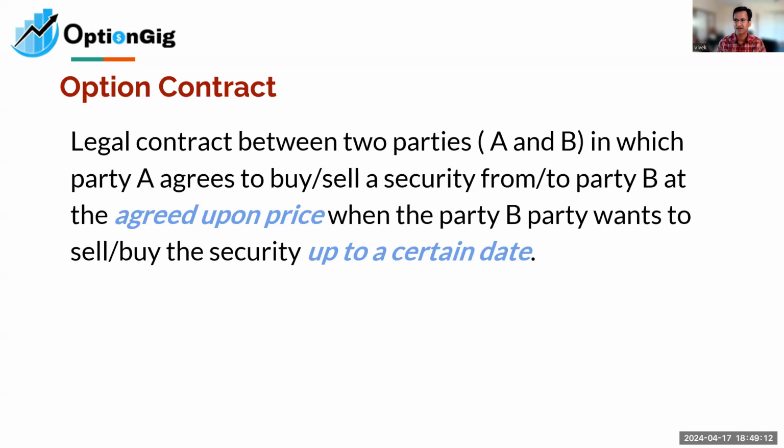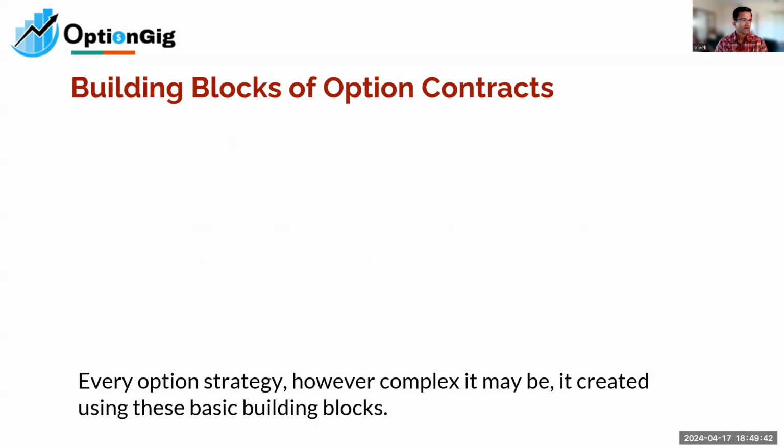Everything gets executed electronically. So things to remember: it could be a contract to buy the share at a fixed price up to a certain date. After that date, the contract will expire. That contract is no longer valid. Or it is to sell the security. So two parties, one is writing the contract, the other is buying that contract. So, building blocks.